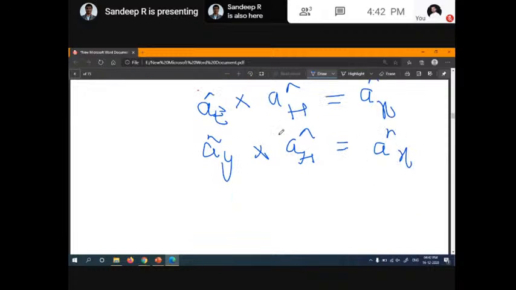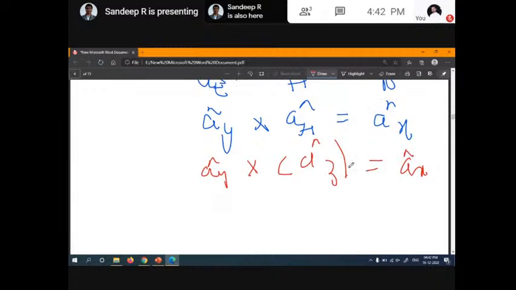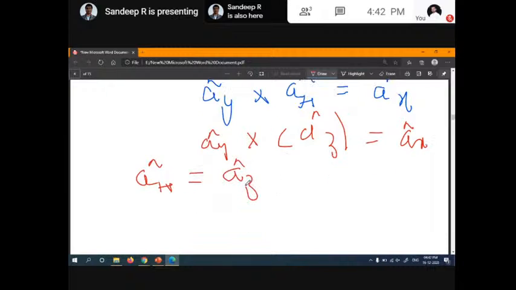So in place of AH, if I have AZ, then the answer I'll get is AX cap. So AY cross AZ will give me AX. So vector AH is equal to AZ. So in the second case, vector AH is AZ.